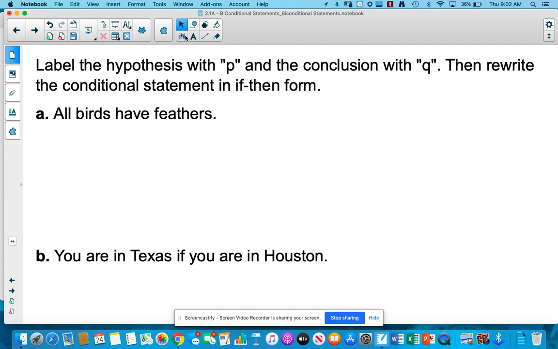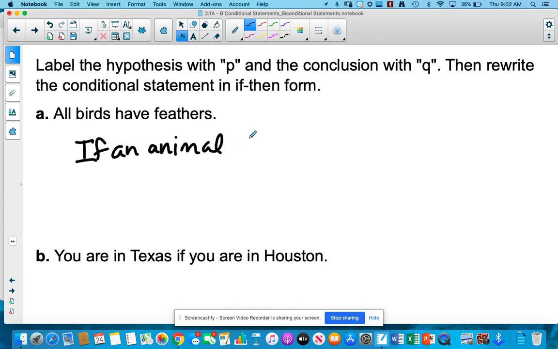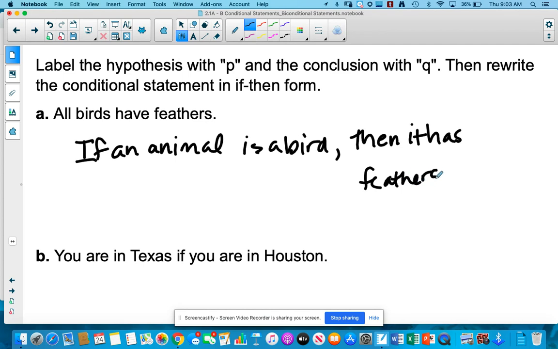So if an animal is a bird, then it has feathers. Okay, so we rewrote it in if-then form. So if P, then Q.